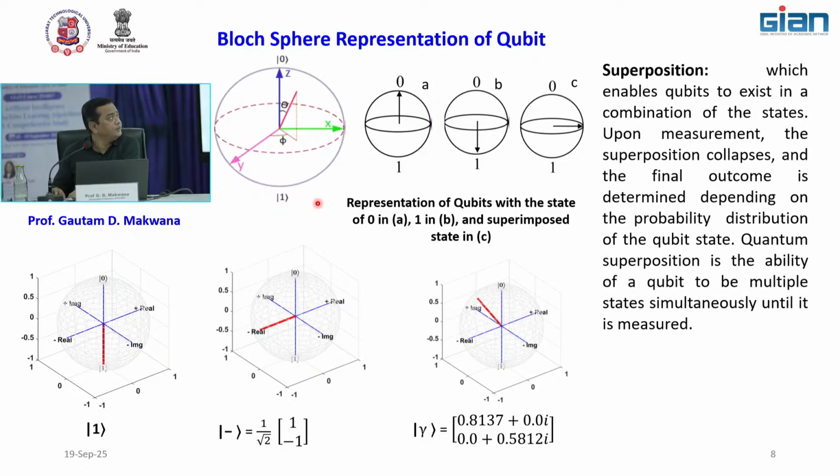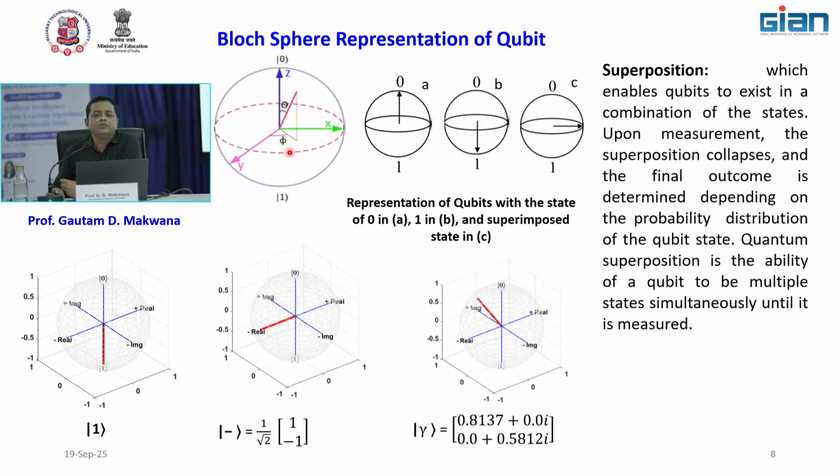Here, because it has complex coefficients alpha 0 and alpha 1 with the probability distributions, the qubit can be represented on this Bloch sphere. So this is your z, x, and y axes, and this is your imaginary axis and the real axis.